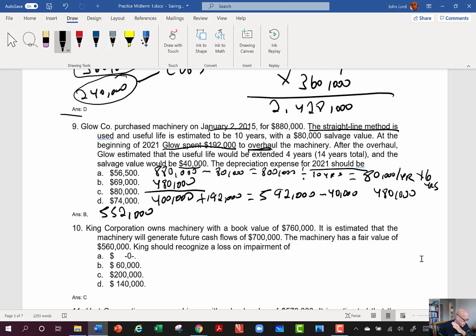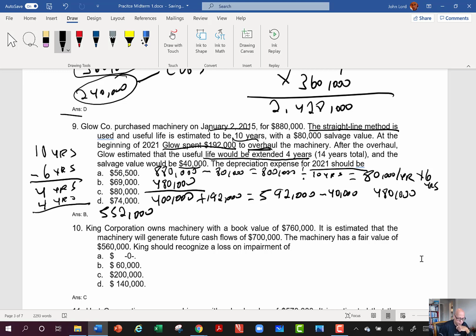So now I just have to figure out how much time is left on this thing. How would I do that? Well, they tell me it's a 10-year life. We depreciated it 6 years before anything happened this new year where we started doing the work on it. So this thing had 4 years left at the beginning of 2021, and they tell me the repairs extended the life 4 more years.